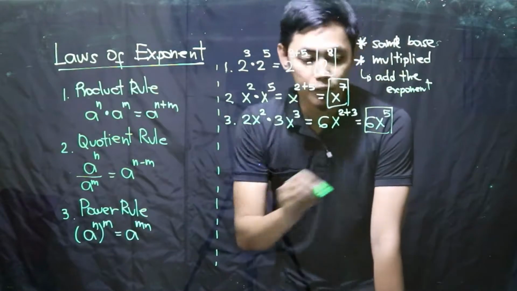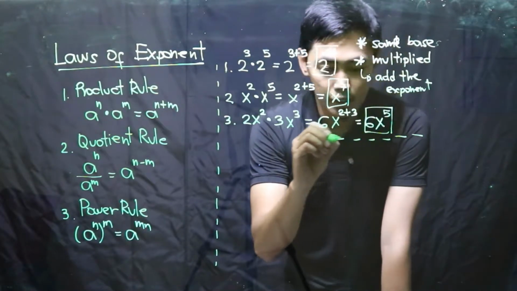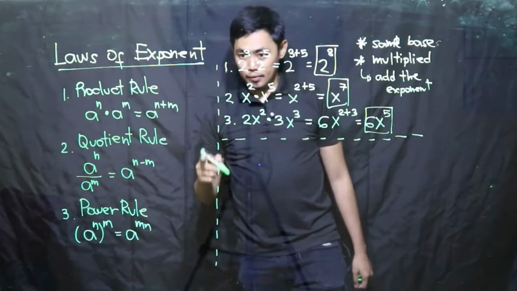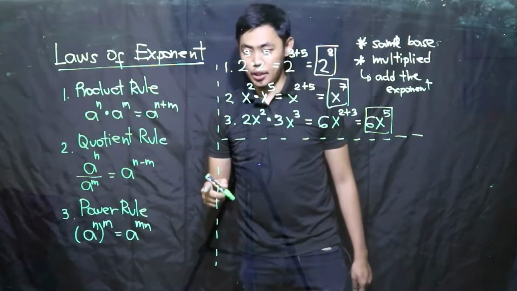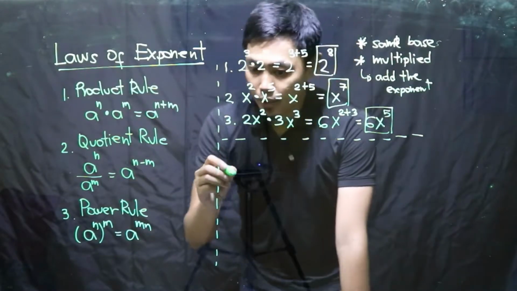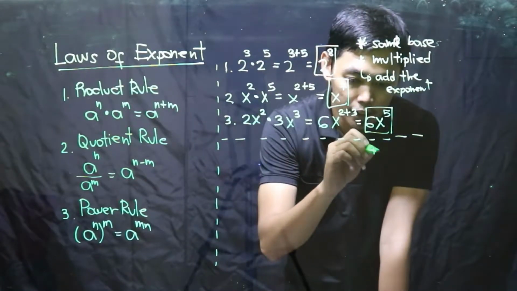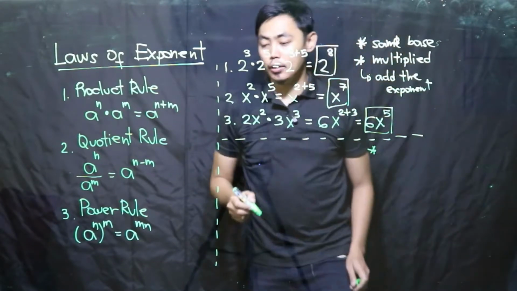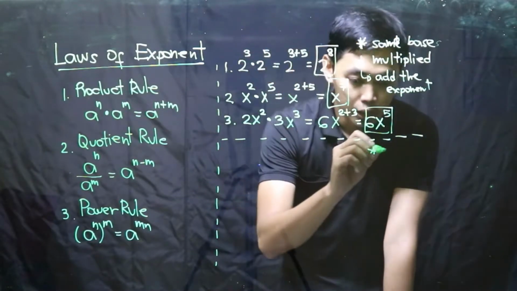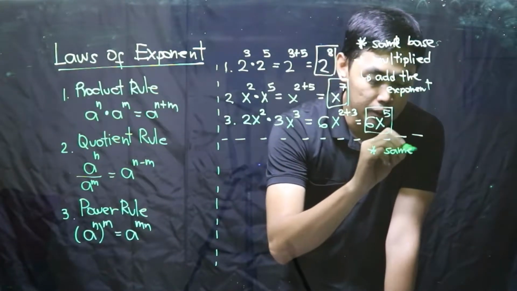Alright, let's have the example for the second rule. The second rule is the quotient rule. Here are the things that you will need to keep in mind, okay? So first, they also have the same base.